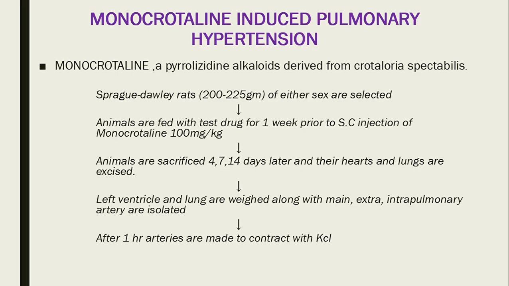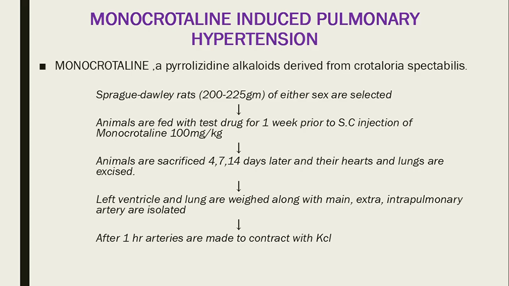Sprague-Dawley rats, 200 to 225 gram, of either sex are selected, and animals are treated with the test drug for 1 week prior to subcutaneous injection of monocrotaline 100 mg per kg. Then animals are sacrificed 7-14 days later, and their hearts and lungs are excised. Then the left ventricle and lung are weighed, and the main extrapulmonary artery is isolated.